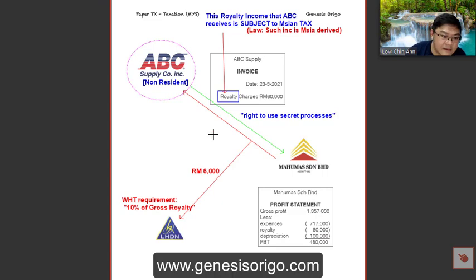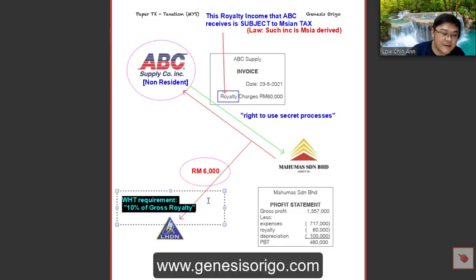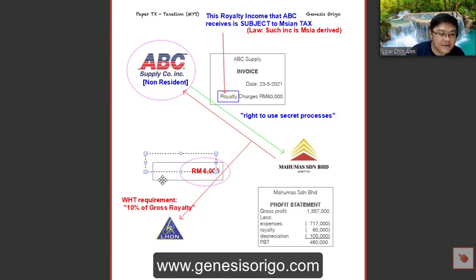And you have to tell Inland Revenue that this 6,000 is ABC's tax. It's not your money, you know. The 6,000 is actually their money, because you're paying on their behalf. So you're telling them that this 6,000 is the withholding tax that you're paying on behalf of ABC.